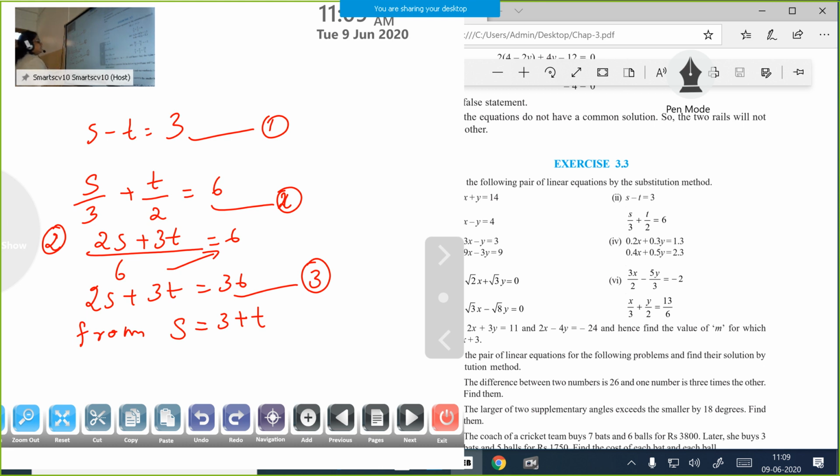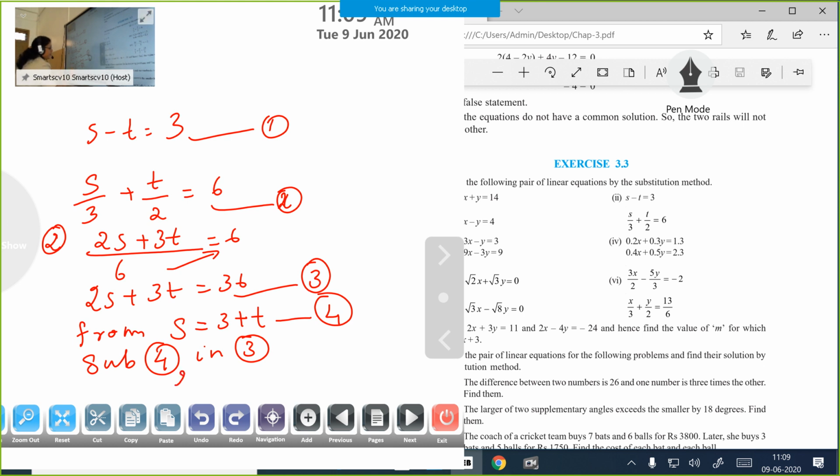This is equation number 4. Then substitute 4 in the third equation.